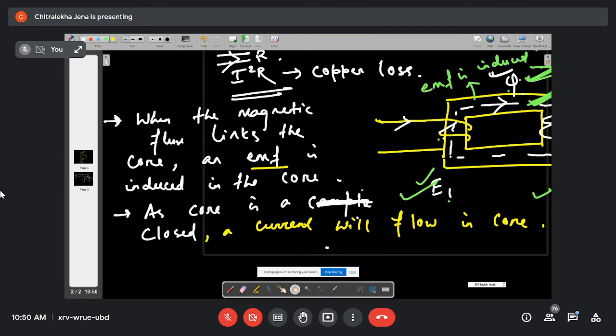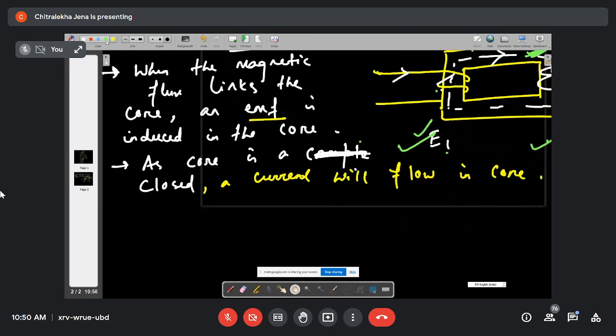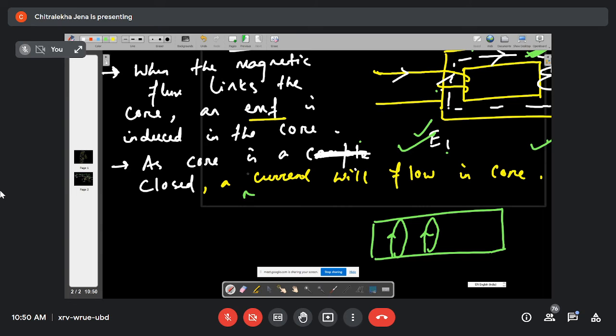Understood? A current will flow in the core. Here you see I am having a core. So core is my complete path. So a circulating current flows in the core like this. Okay. Write down, a circulating current will flow.